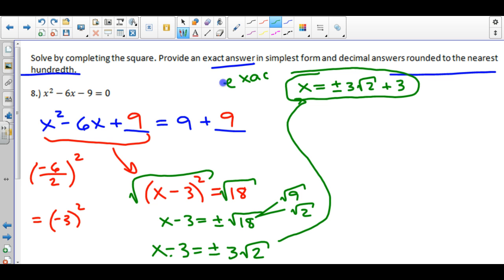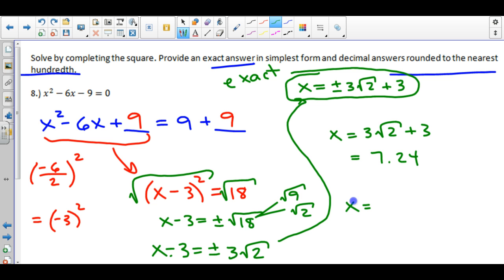So that's your exact. Now I'm going to do the decimal version, which is where in the calculator you're going to take 3 times the square root of 2 plus 3. And I'm doing this in my calculator. 3 times the square root of 2 plus 3, rounded to 2 decimals gives me 7.24.